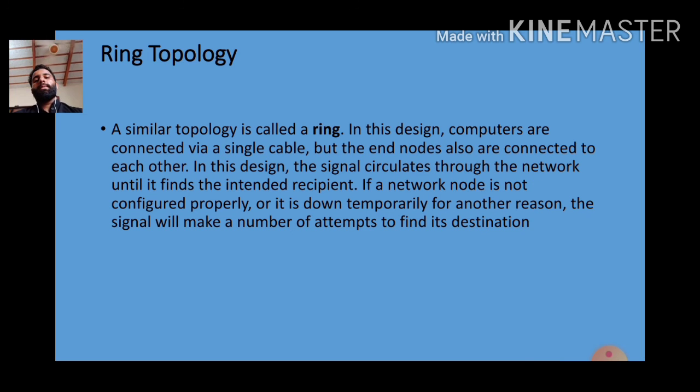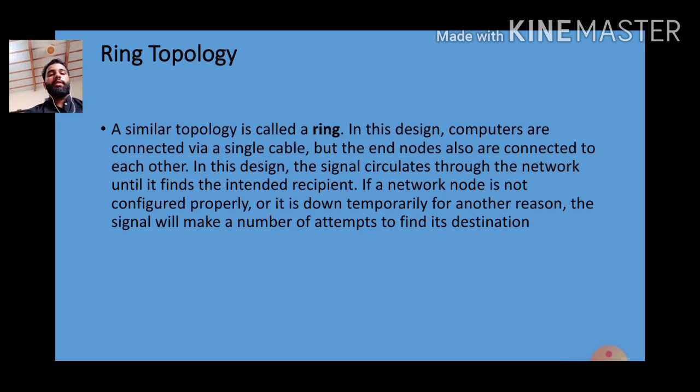The other network type is ring topology. A similar topology is called a ring. In this design, computers are connected via a single cable, but the end nodes are also connected to each other.